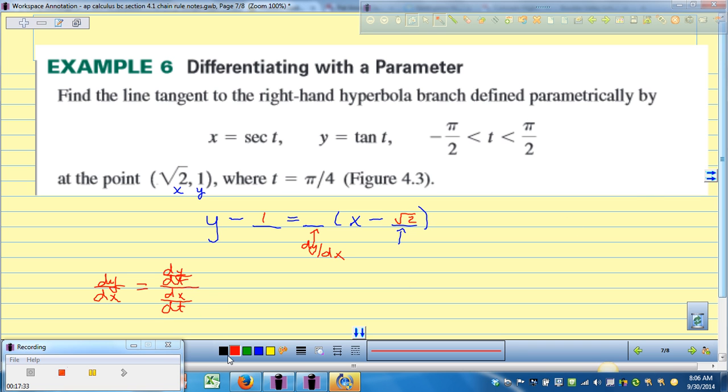All right, well, x is secant t. What is dx/dt? Very good. Secant t tangent t. Okay, and what is dy/dt? Sorry, let me get y down. y is tan t. And dy/dt?